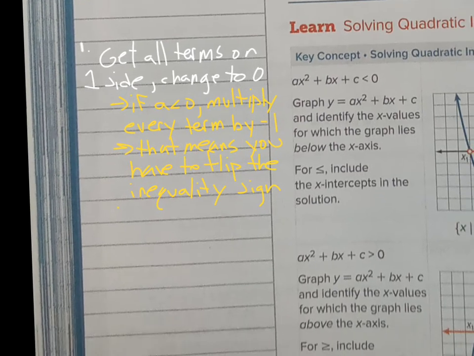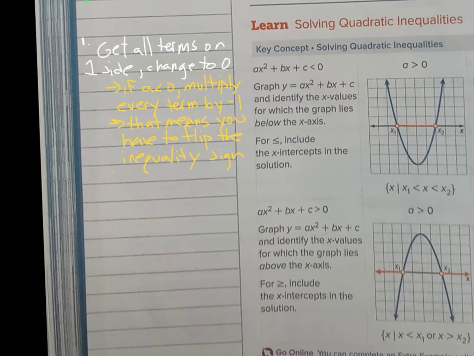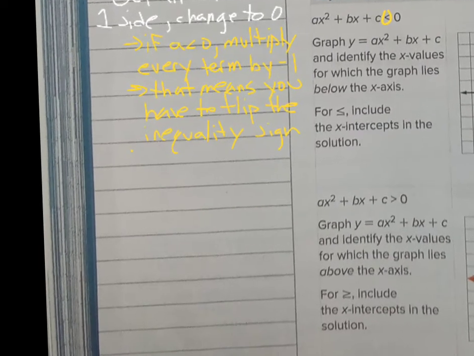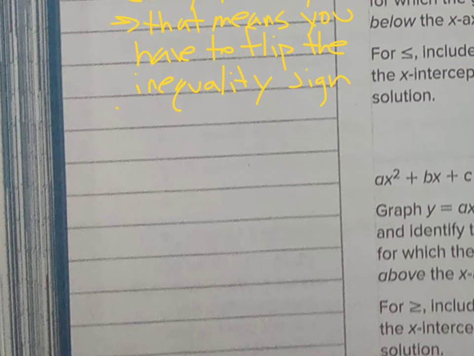So then all we have to do is pay attention to this sign. Step number 2: if you have it like this, and it's less than or equal to 0, you have an and statement.